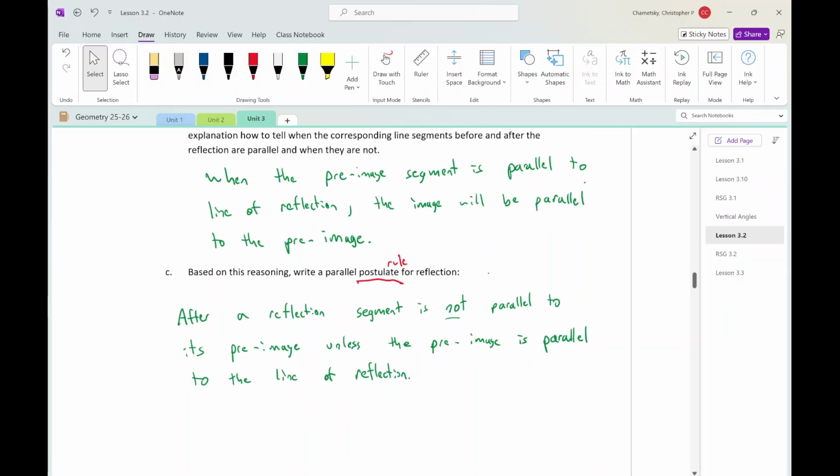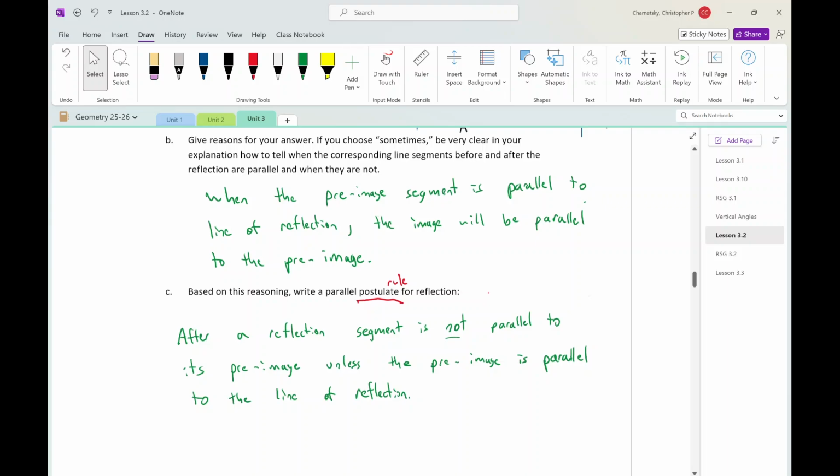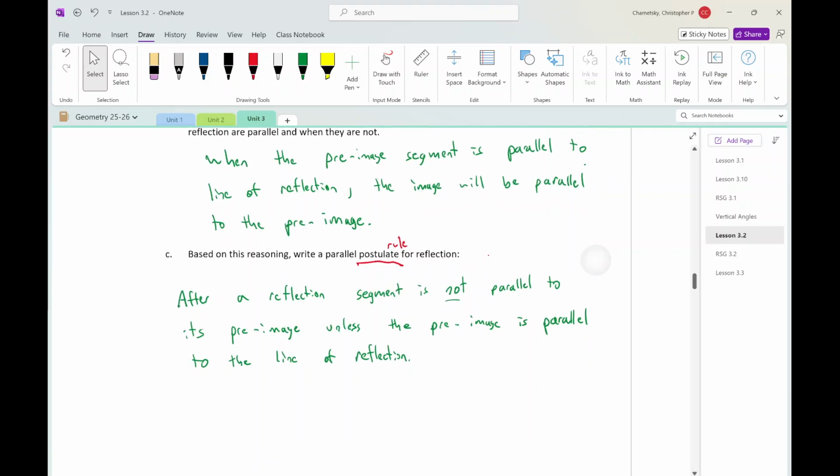Okay, so now we have some rules for rotations and translations and reflections, and when do we keep parallel lines.